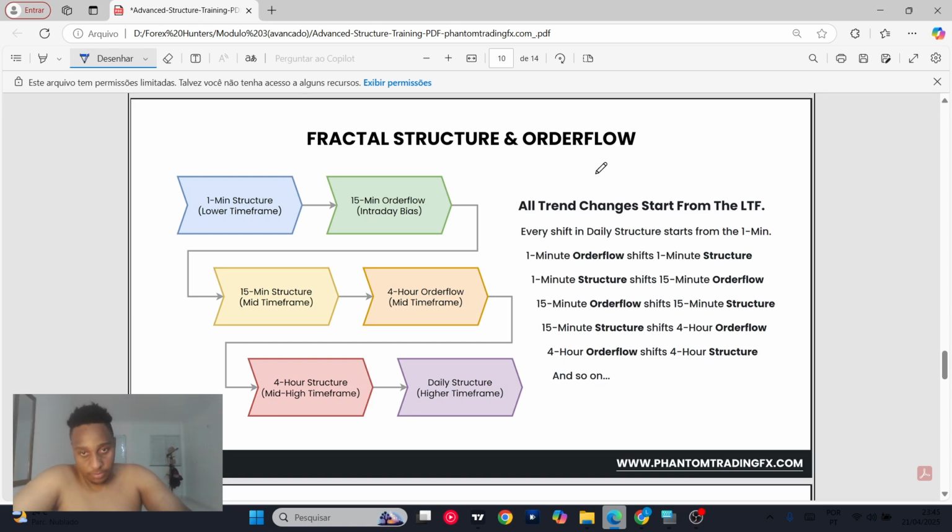It says this: all trend changes start from the lower time frame.